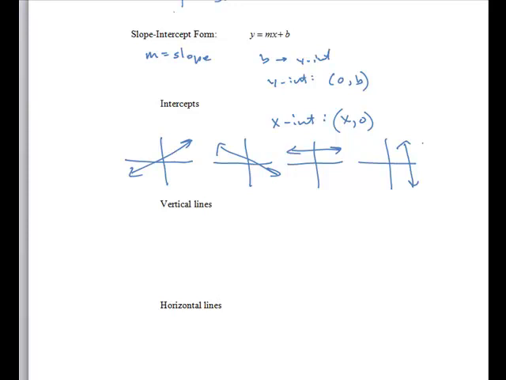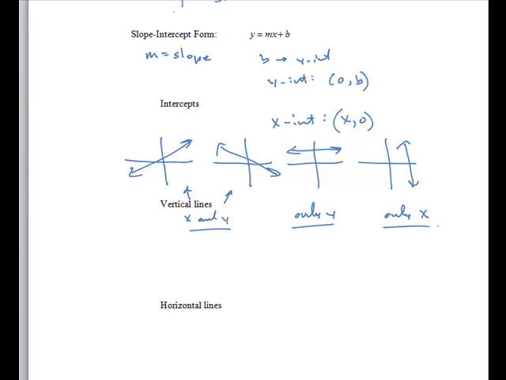Increasing and decreasing lines will both have an x and a y in the equation. Horizontal lines only have the variable y, and vertical lines only have the variable x. So it's real easy to identify horizontal and vertical lines as long as you know what you're looking for. Look at those variables.